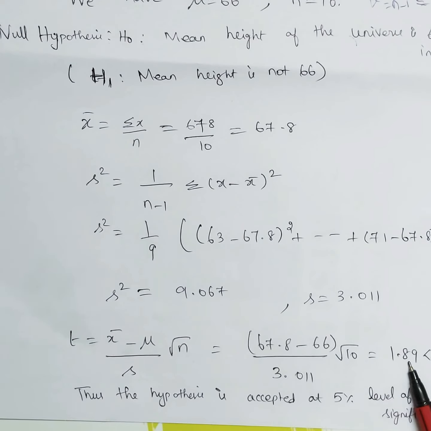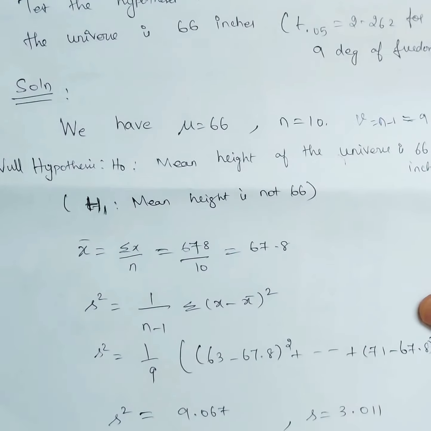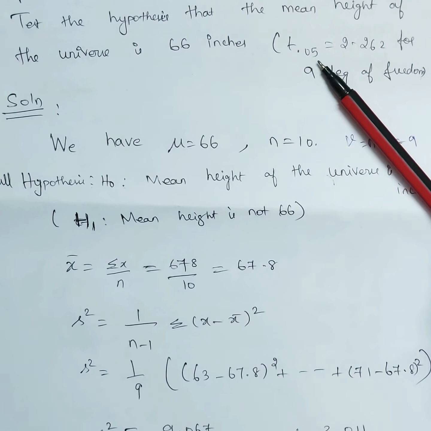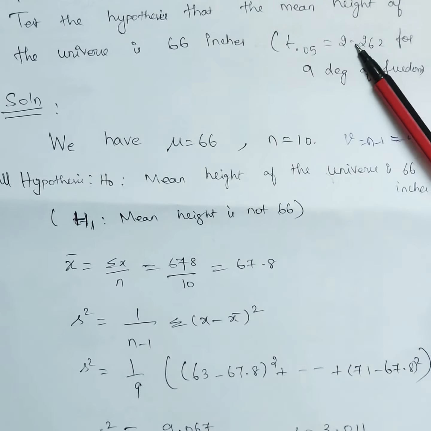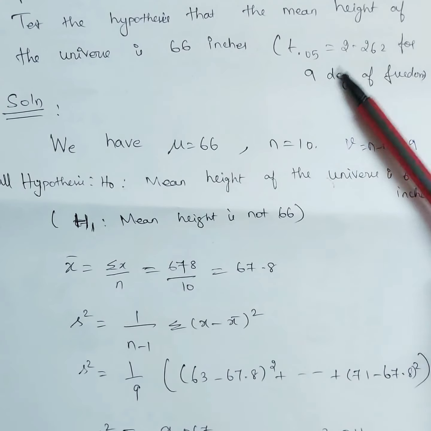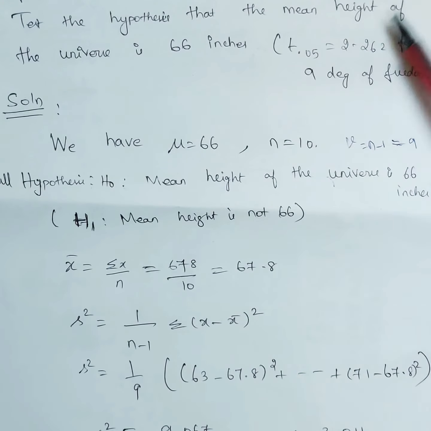I told you, you have to compare it with the degrees of freedom that they have given in this question. If you see, T of 0.05, they have given at what significance level we have to check, is equal to 2.262 for 9 degrees of freedom. This value will change according to the degrees of freedom. So for 9 degrees of freedom, this is the value.